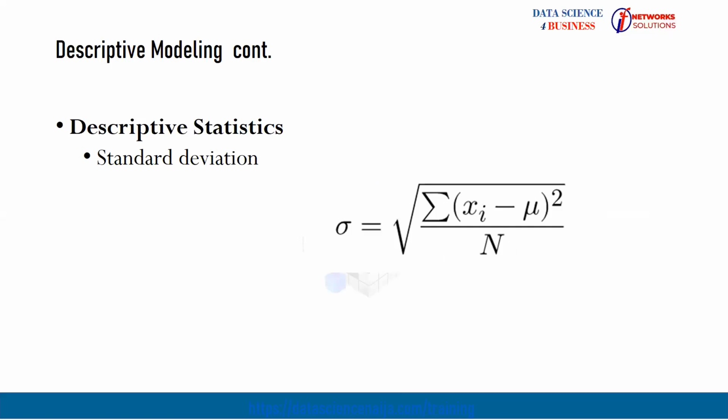And what exactly do these simple statistics help us to do? For example, the arithmetic mean, what do we use it for in descriptive modeling when we are doing forecasting? The arithmetic mean helps us to know what to expect the next observation to be.